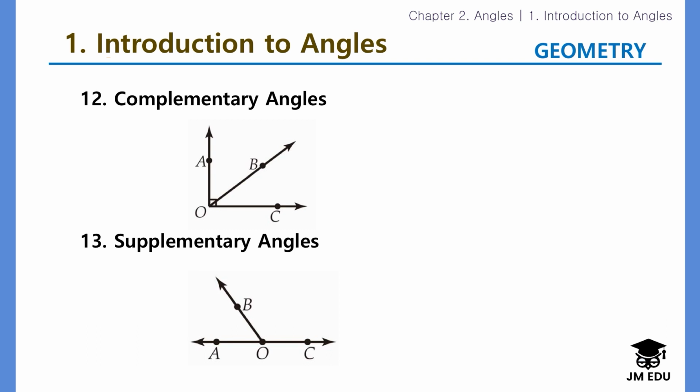Number 12, complementary angles. Complementary angles are two angles whose sum is 90 degrees. So in this figure right here, angle AOB and angle BOC are complementary angles because angle AOB plus angle BOC is equal to 90 degrees, right?